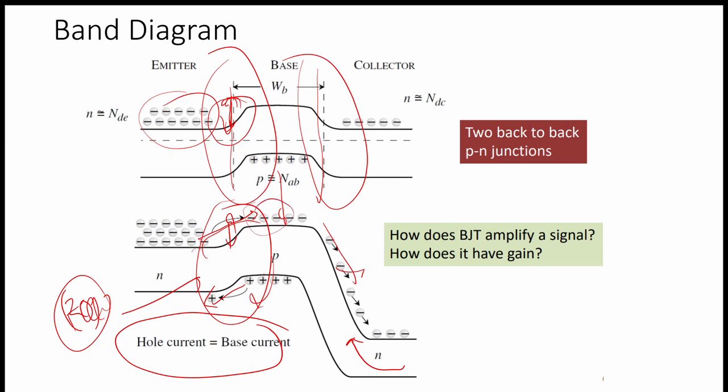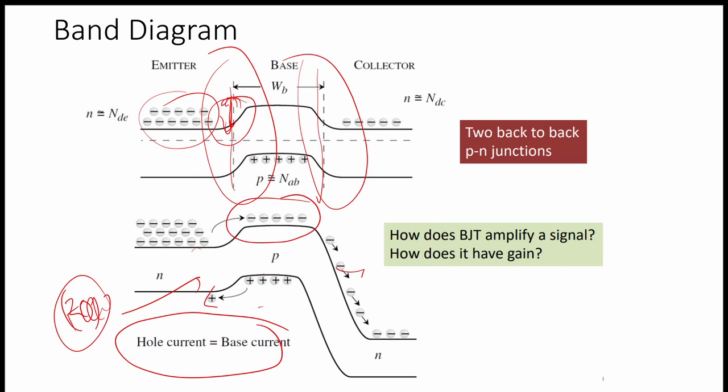We have already applied the reverse bias at the base collector junction. These electrons are the minority carriers in the P region of the base.